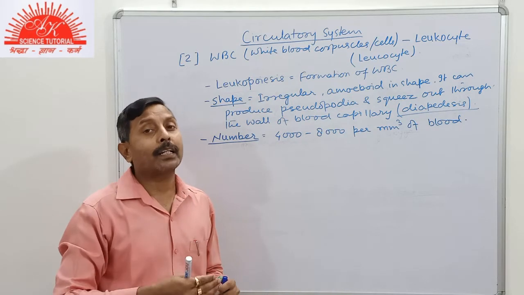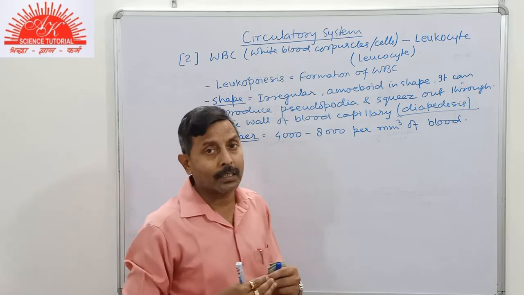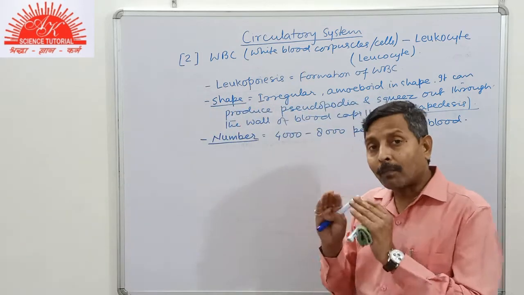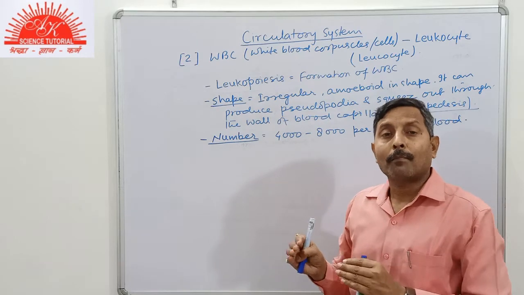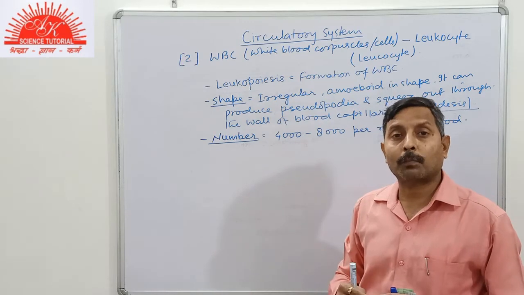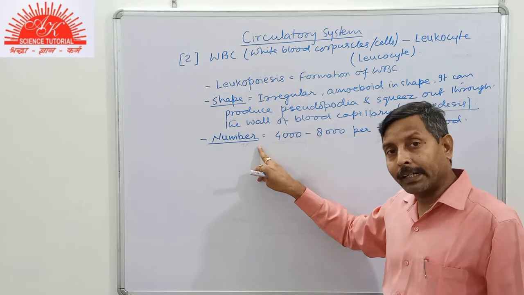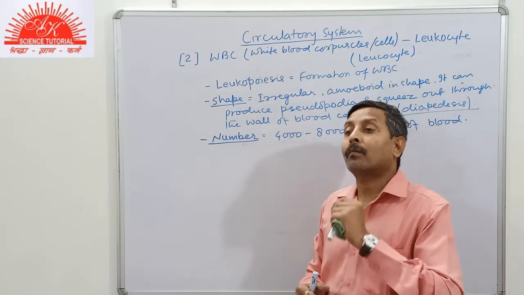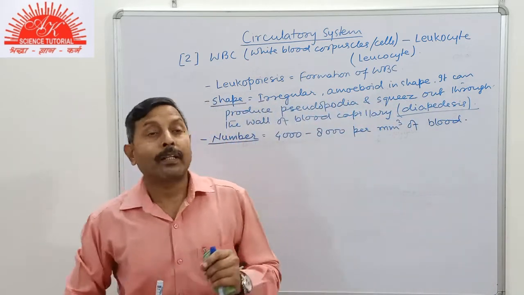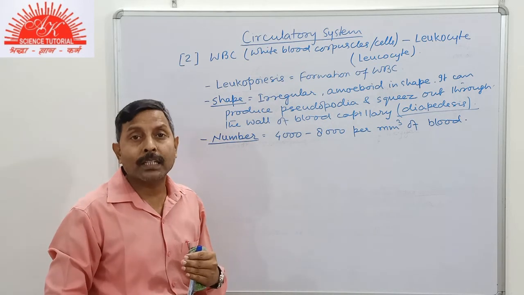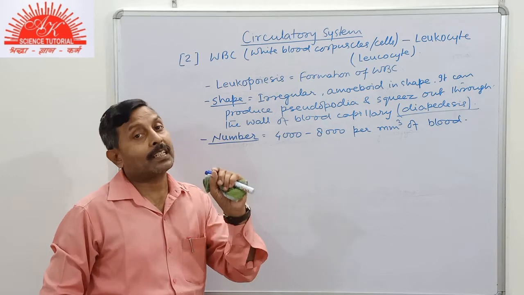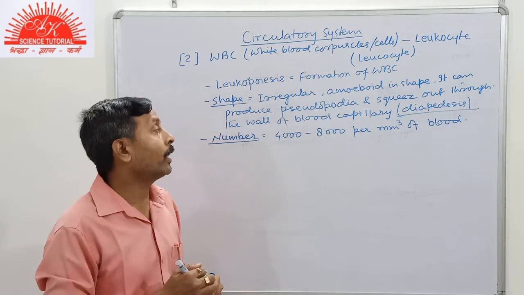It has to fight against the germs, foreign substances, and so in normal condition it has a normal range of number, but when any kind of infection takes place, then its number will increase. So during the pathological test, when the blood test is performed, then the increased number of WBC indicates infectious condition. Clear, students?